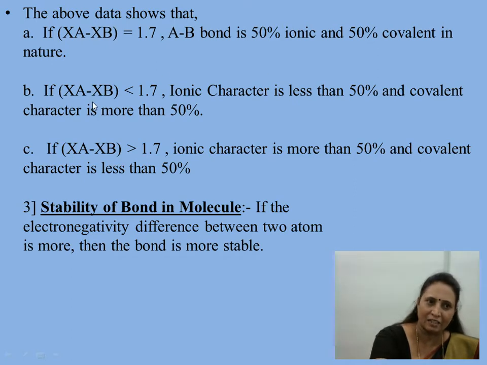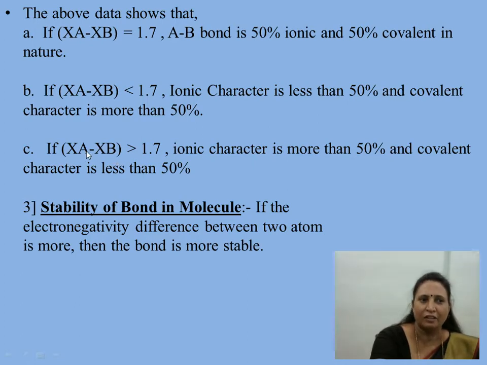If the electronegativity difference between these two atoms A-B is less than the value 1.7, then the ionic character is less than 50% and the covalent character is more than 50%.